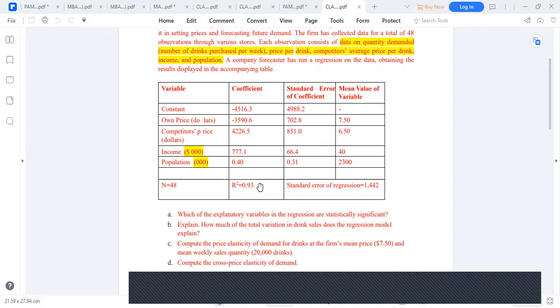And also we check here on the last figure, we divide for the population 0.4 by 0.31, we're going to get 1.29.